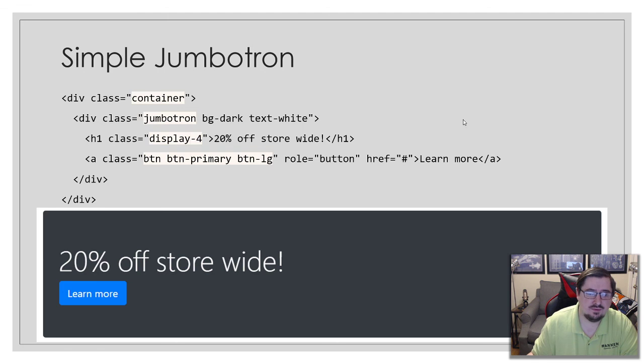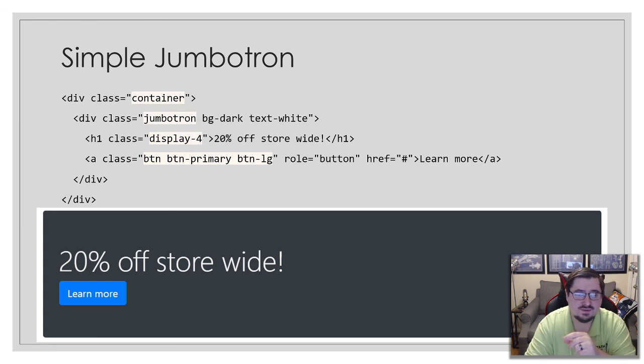We're telling it this is a role of button. That role is there to signal screen readers to treat it as a button. In this case it's debatable whether or not that should be there, I think. So we have our big button there, and if I wanted to create a call to action, I would create it that way.